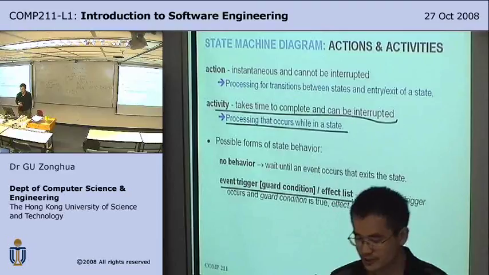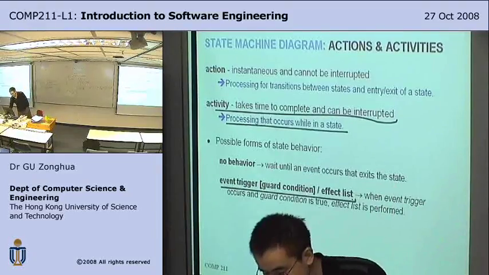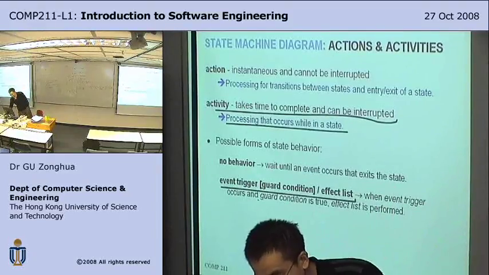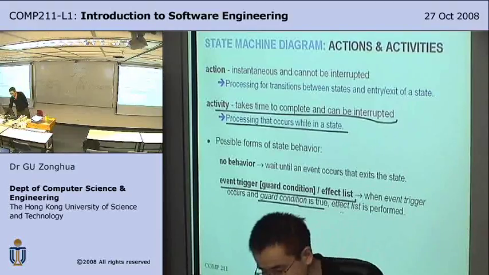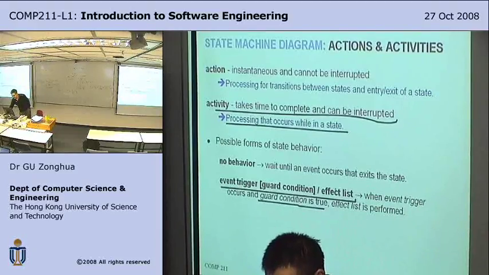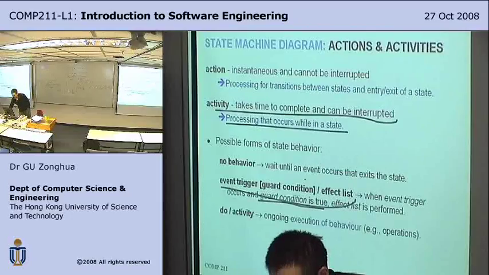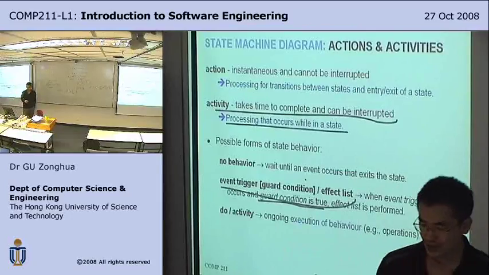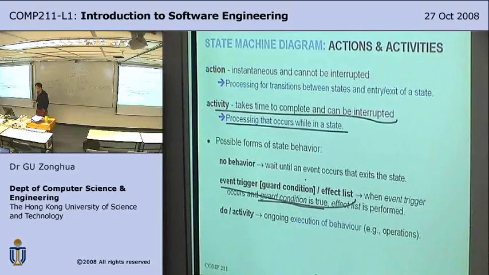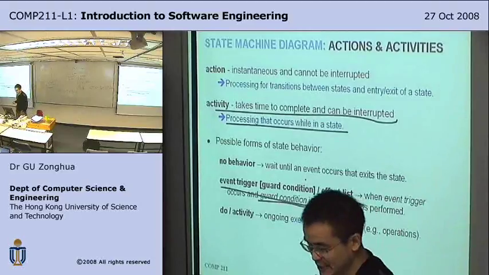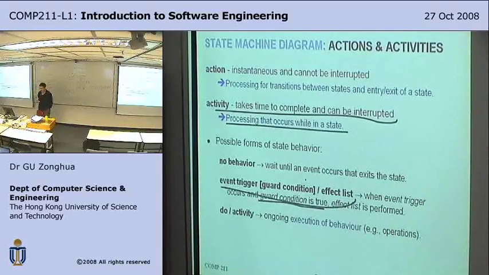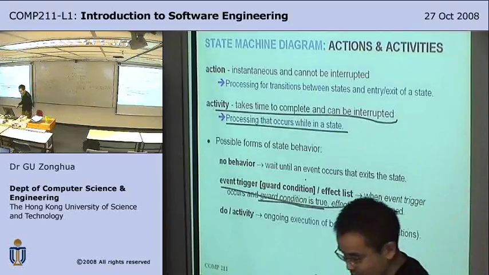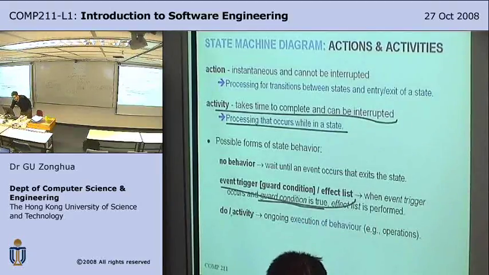These are the arguments on the transition. When the event trigger occurs and the guard condition is true, then the effect list is performed. An effect list is a collection of actions. And a do activity is the ongoing execution of behavior while the object is in a particular state. So this activity takes time to complete.